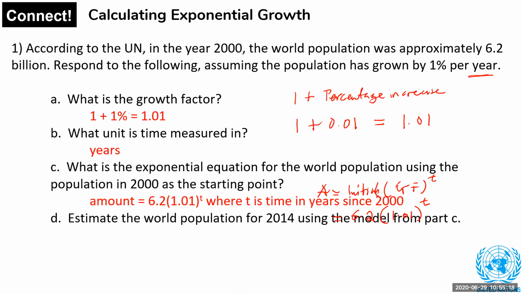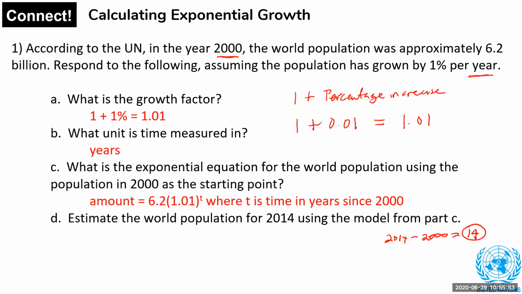Now, estimate the world population for 2014. So here, what do you do? For 2014, the starting year was 2000 for the UN. So if you want to estimate the population for 2014, you have to make sure you find the year difference. Between 2000 and 2014 is 14 years.